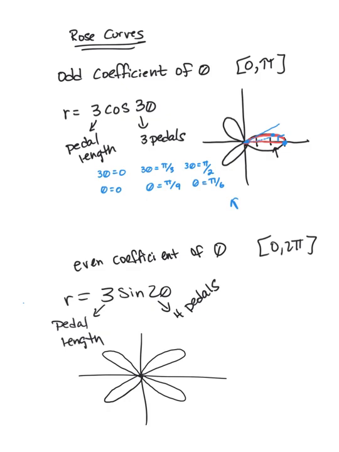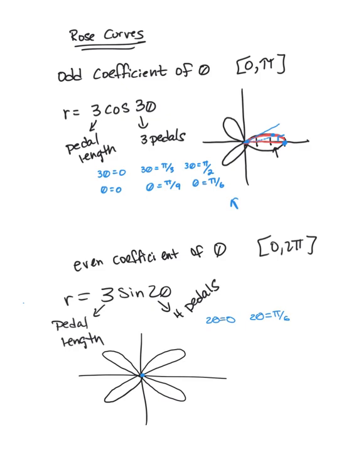So you have 3 times sine 2 theta. Here you need to focus on one of the petals, right? Sine is going to start at 0, so if I take this 2 theta, I'm going to set it equal to 0. That's a nice value of sine. The next nice value of sine is pi over 6, because that's a half.